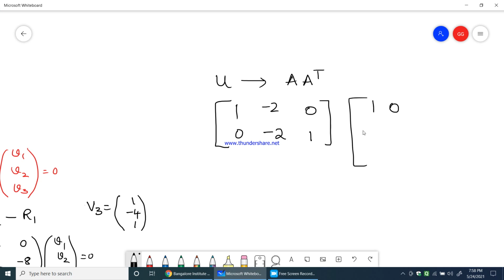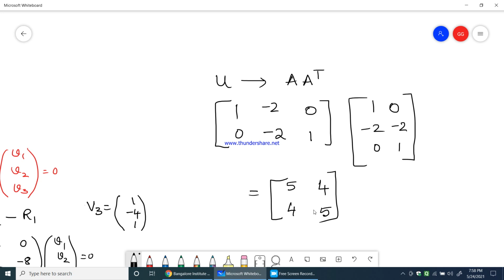So this is equal to 1 into 1 is 1, minus 2 into minus 2, which is plus 4. So 1 plus 4, which is 5. 1 into 0 is 0, minus 2 into minus 2 is 4. Second row, first column: 0 into 1 is 0, minus 2 into minus 2 is plus 4. 0 into 0 is 0, minus 2 into minus 2 is plus 4, plus 1 into 1 is 5. So we got 5, 4, 4, 5 as A into A transpose.